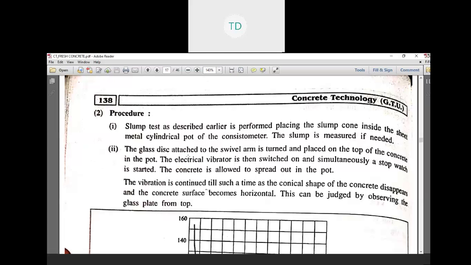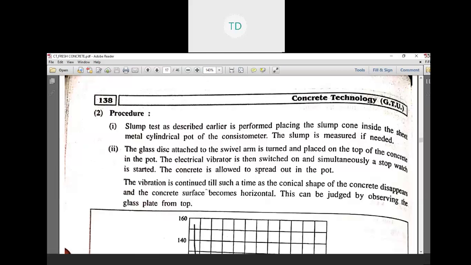The glass disc attached to the swivel arm is turned and placed on the top of the concrete in the pot. The electric vibrator is then switched on and simultaneously a stopwatch is started.